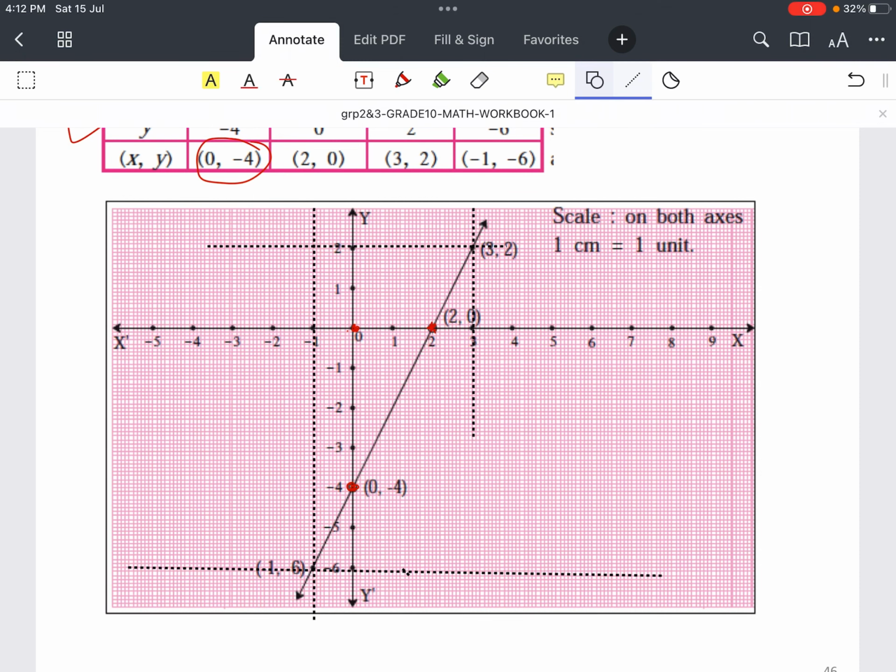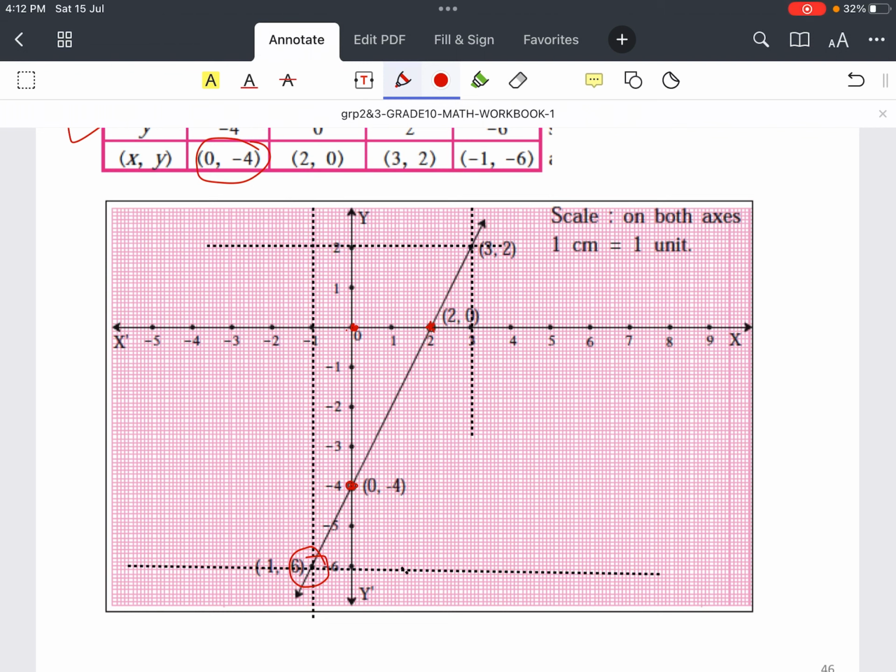Now this is the point where these two dotted lines intersect with each other. So that point is minus 1, minus 6. Now at last what we have to do is draw a line to join all these points. And this is the graph for the given equation.